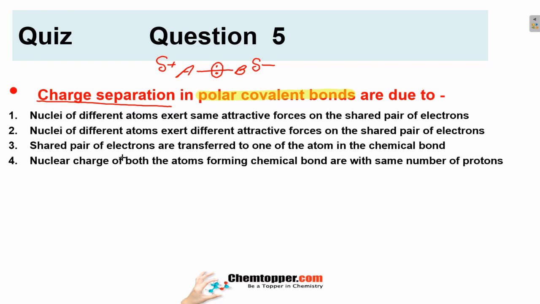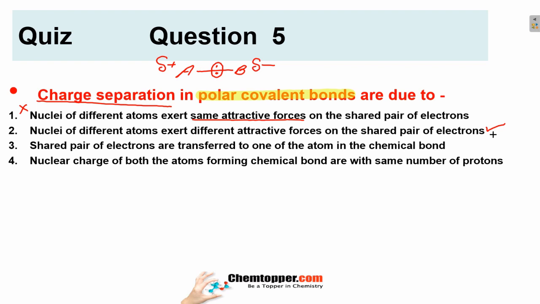So option 1 is out because they are saying nuclei of different atoms exerting same attractive forces. That cannot give you charge separation. Option 2, nuclei of different atoms exert different attractive forces on the shared pair of electrons. This is a perfect reasoning for the polarity in a chemical bond.